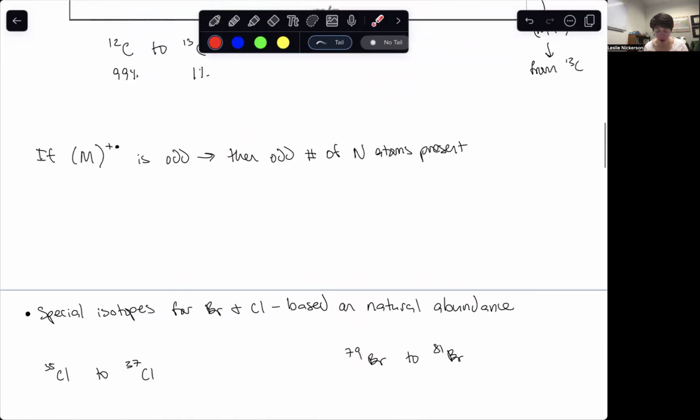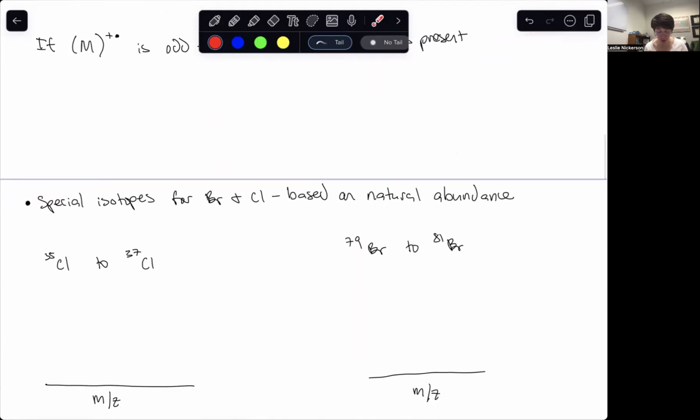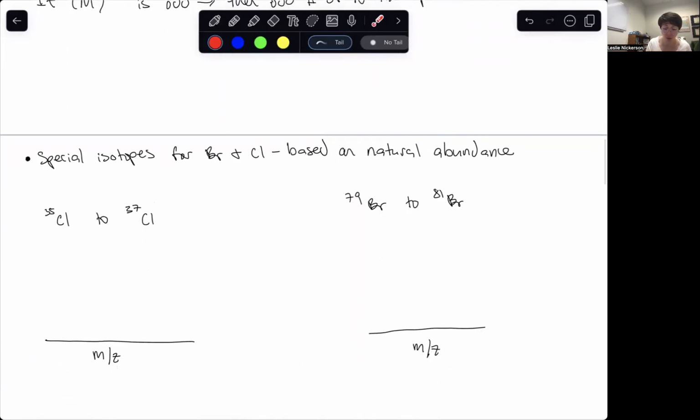Then there are also a couple of special isotopes that we need to talk about. Bromine and chlorine both show up as special isotopes in more obvious ways than carbon-12 versus 13. If we look at chlorine first, I've got chlorine-35 and chlorine-37. Chlorine-35 shows up in about 75% natural abundance, to 25% for chlorine-37.